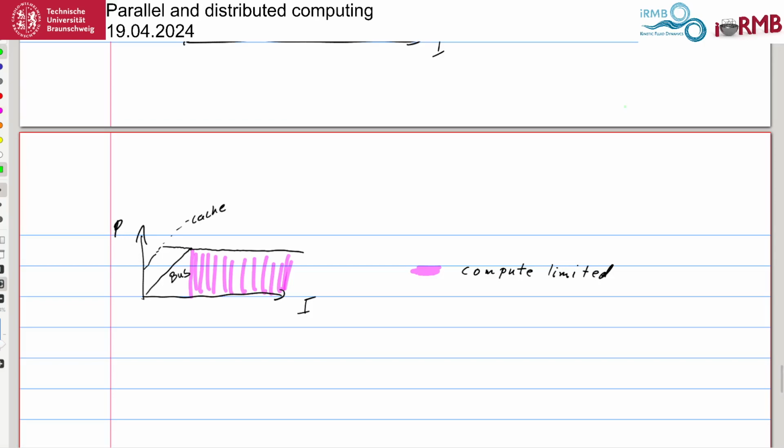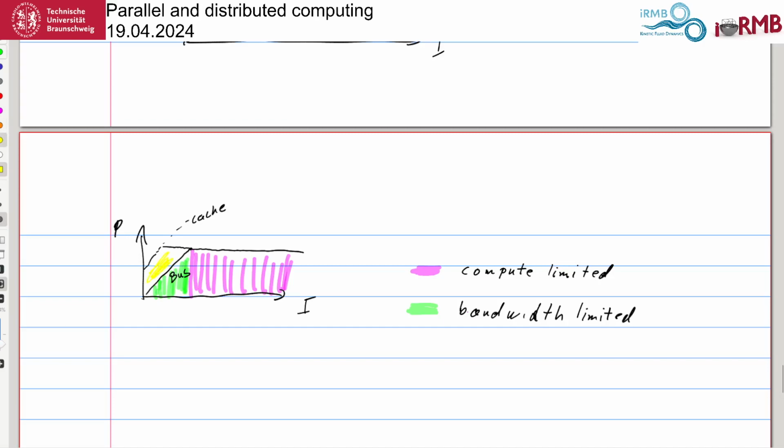So now, in that region, we are bandwidth limited. And then we could also identify, so this is an addition that is usually not used.